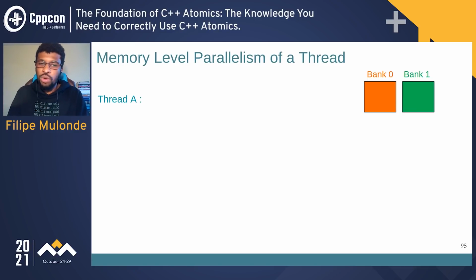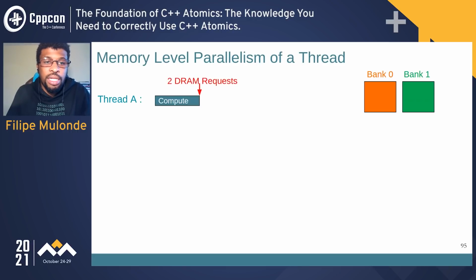Let's understand what I mean by that by using this example. So we have a thread A that is computing. After that, the thread sends 2 requests to DRAM. It's important to mention that when the requests are going to different banks, they can be served in parallel. But if the requests are going to the same DRAM bank, they will be served in serial.